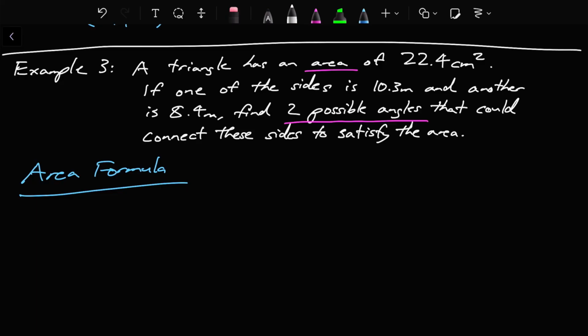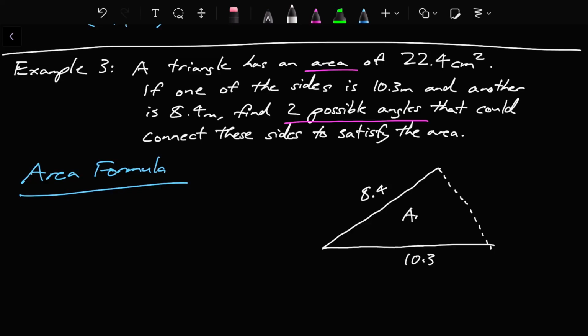So let's draw a triangle like this. We can say this is 10.3, this is 8.4, and we connect this. We don't actually care what the other side is, but we know that its area is equal to 22.4, right?